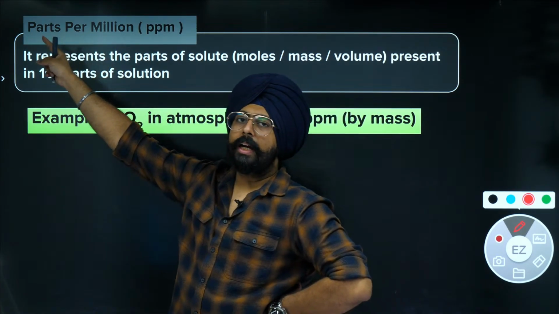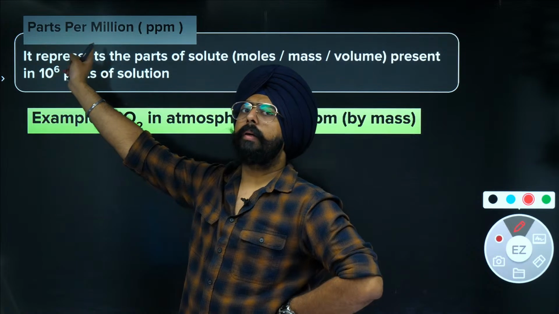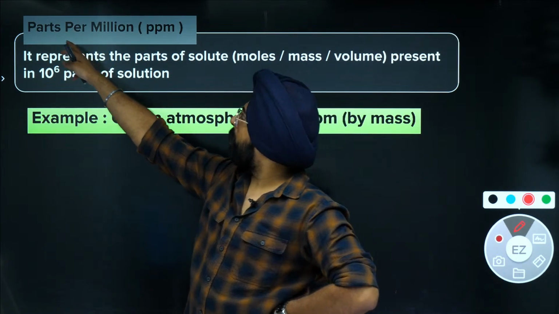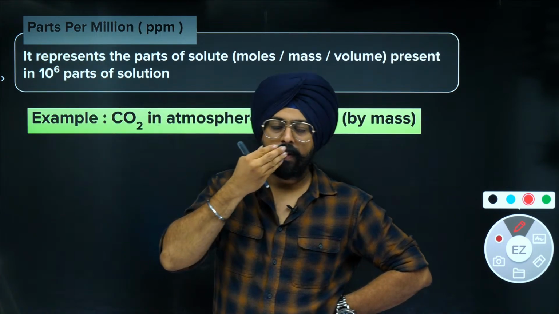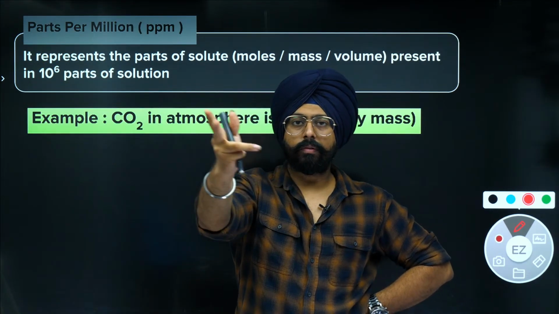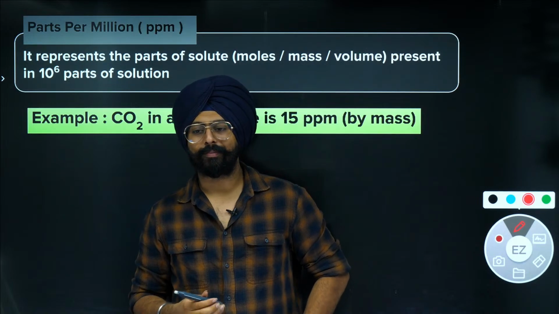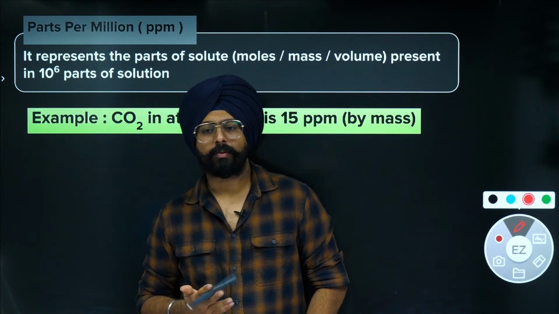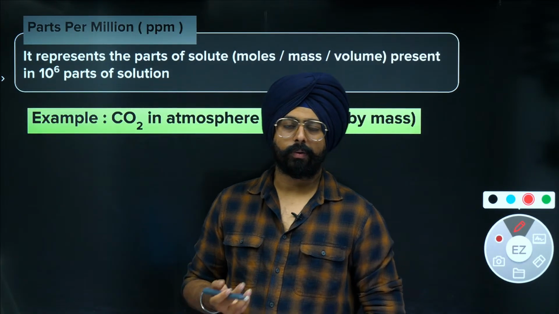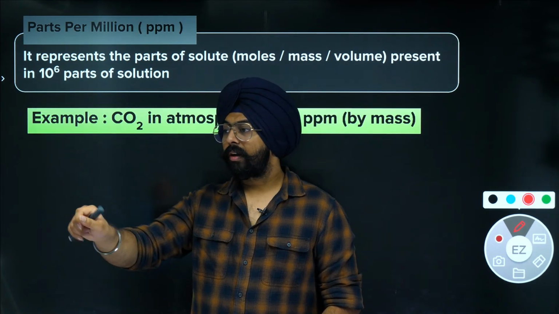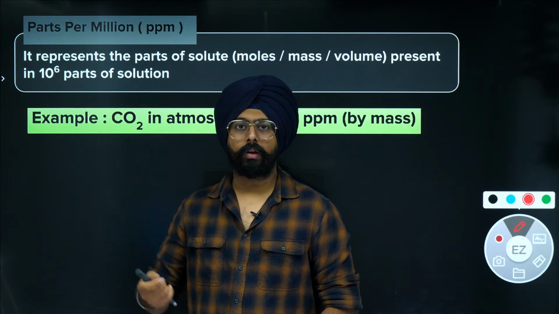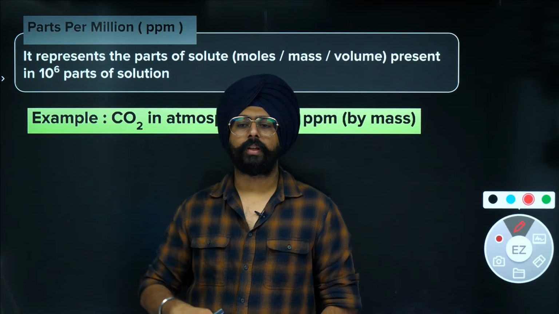Now, do you notice that it says parts per million? It doesn't say weight per million. It doesn't say volume per million. It just says parts per million. To understand what this part means, I will remind you of recipes that you use in the kitchen. Everyone knows what recipes are. In recipes, sometimes they say use 1 cup of rice, 1 cup of water, and 1 cup of dal to make something.